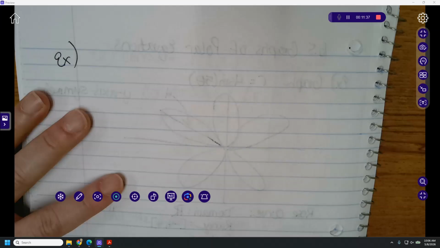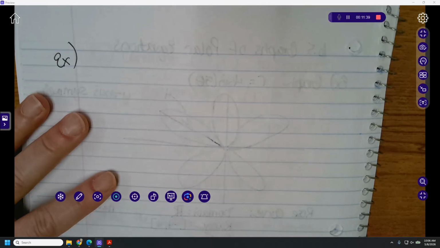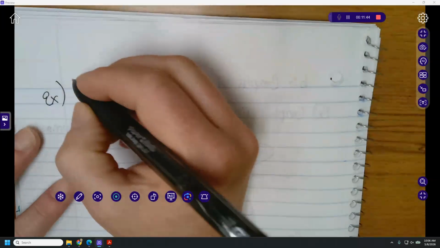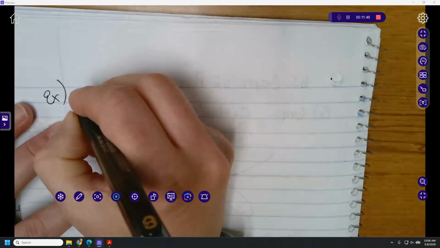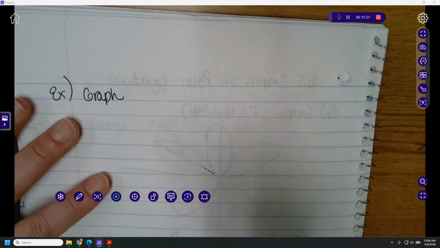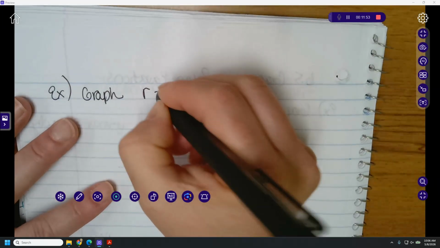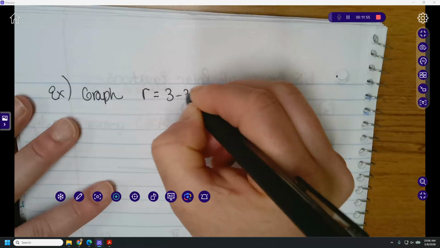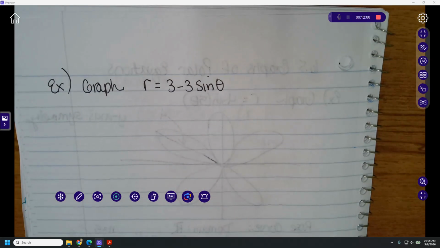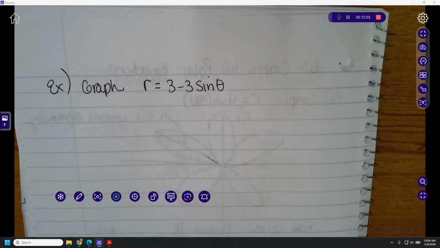Okay. Let's do a limacon curve, and I'm going to show you what is different about this. For our second example today, we are going to graph r equals 3 minus 3 sine of theta. There are actually 4 types of limacon curves. We're going to put them on our little handy note sheet in a second.